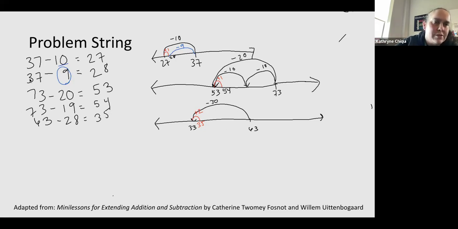And something I forgot to do, and I apologize for that, was at the end here, we ultimately ended up just adding 19. And here you ultimately ended up subtracting. And then here you also ended up subtracting 28.